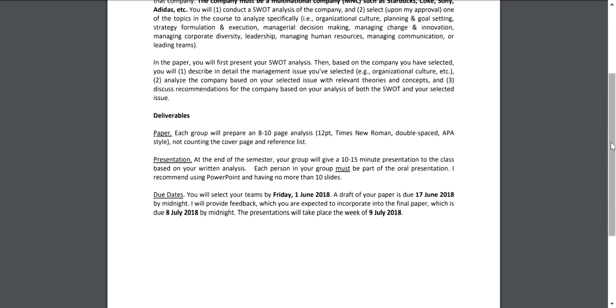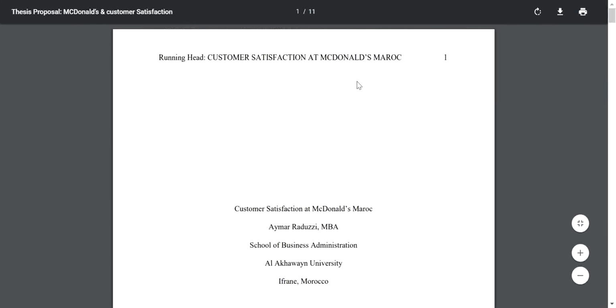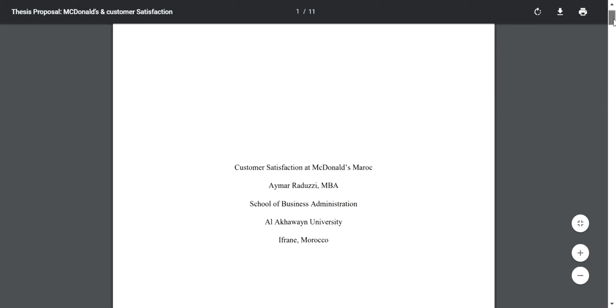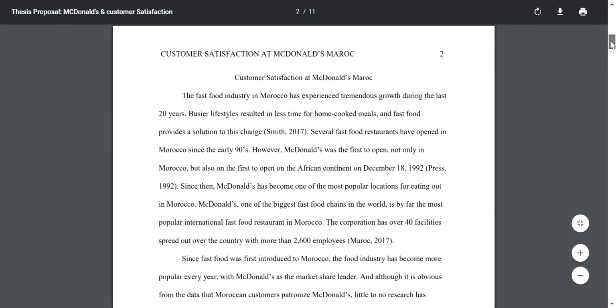Now, let's go back to this sample paper. All right, and this is from Amar's MBA thesis. I didn't want to just have to write this paper for you, and I don't have an example because this is the first time I've done this assignment.